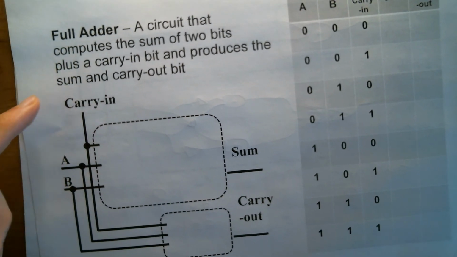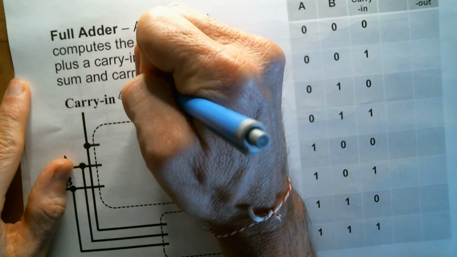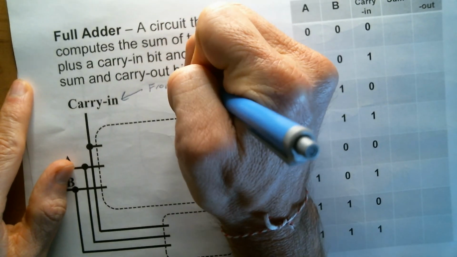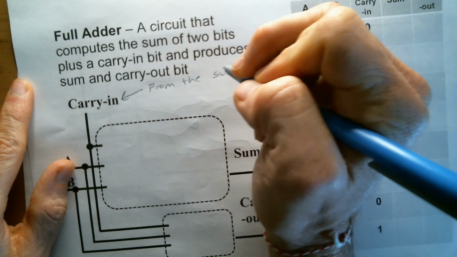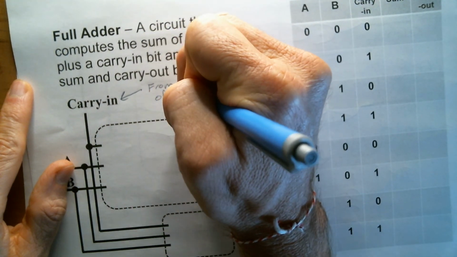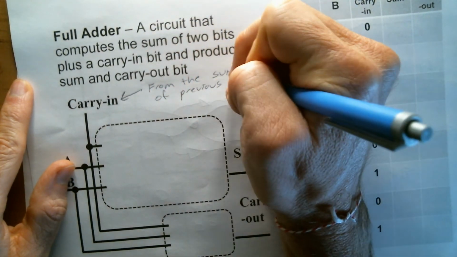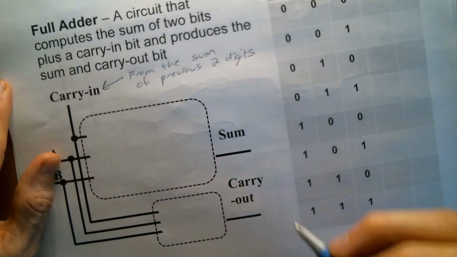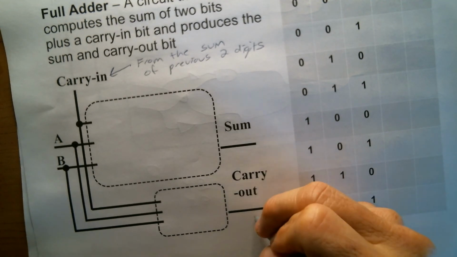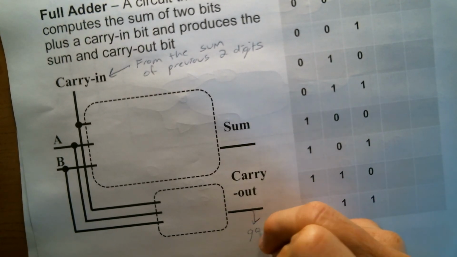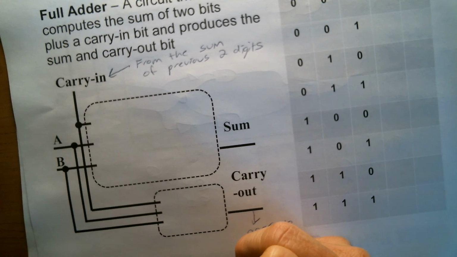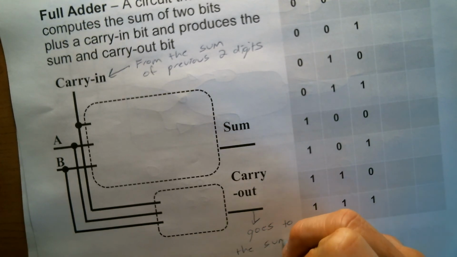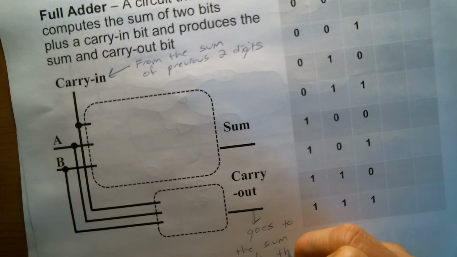All right. So the carry in, again, that's coming from the sum of the previous 2 digits. And then the carry out goes to the sum of the next 2 digits.